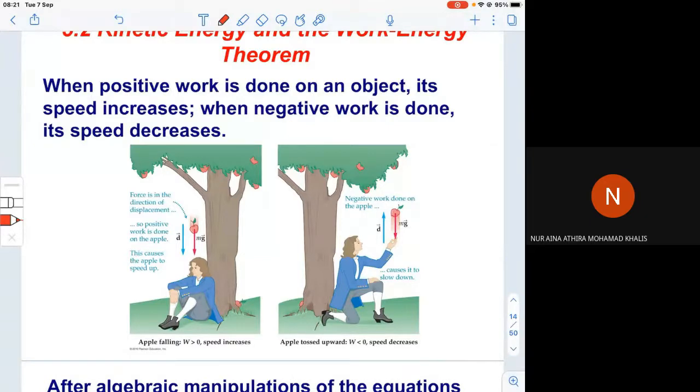That means work and speed are related to each other. When the work done is positive, the speed increases, and when the work done is negative, the speed is decreasing. So it's good to know that.